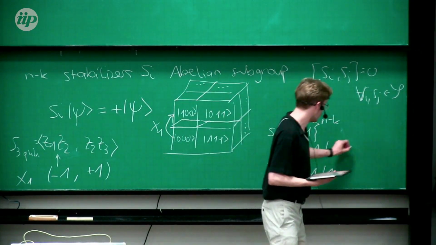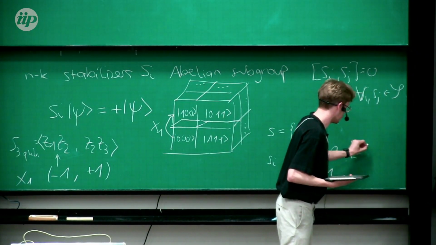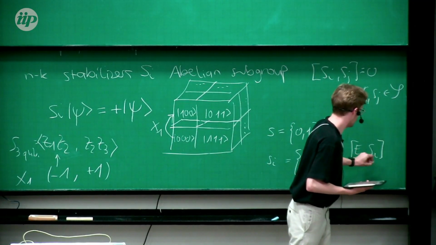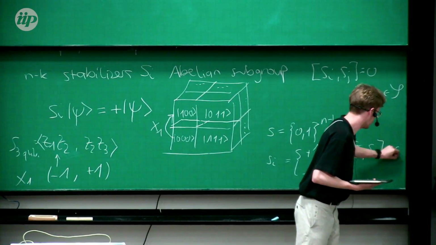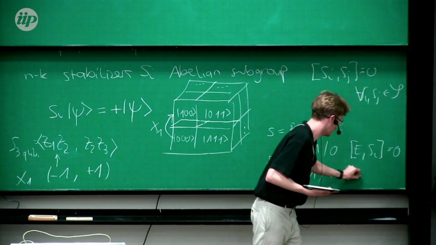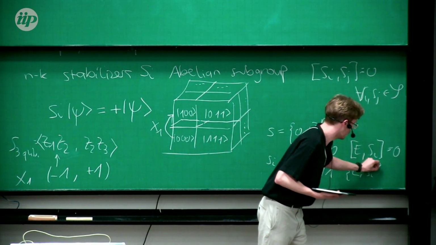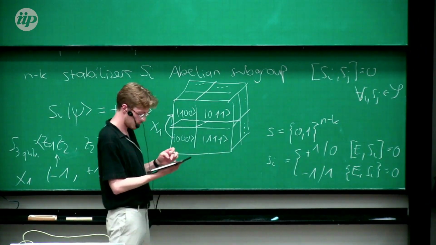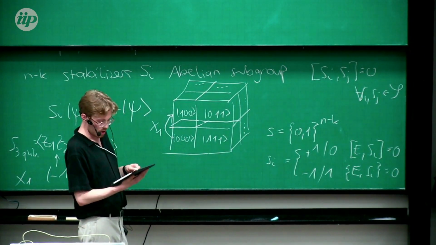It depends on whether the error that sits on the code space commutes with the ith stabilizer generator, or anti-commutes with the ith stabilizer generator. Okay.